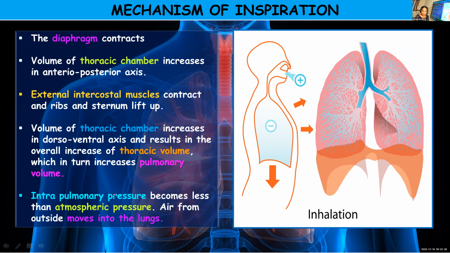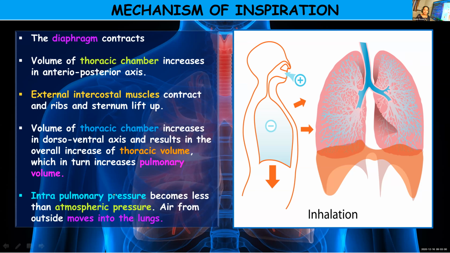Then next what happens? The external intercostal muscles, the muscles in between the ribs, will contract. That will make the ribs and the sternum lift up. So that makes the thoracic volume increase in the dorsoventral axis also. So together, by the contraction of the diaphragm and external intercostal muscles, the volume of the thoracic chamber increases both in the anterior posterior and dorsoventral axis.